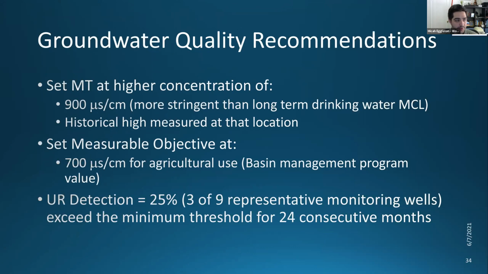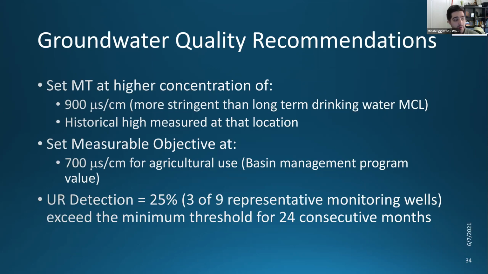So our recommendation moving forward is to set the minimum threshold at the higher concentration of either 900 microsiemens or the historical high measurement at that location. We'd like to set the measurable objective at 700 microsiemens for agricultural use. This is based on the basin management program value that's outlined in that report and plan.